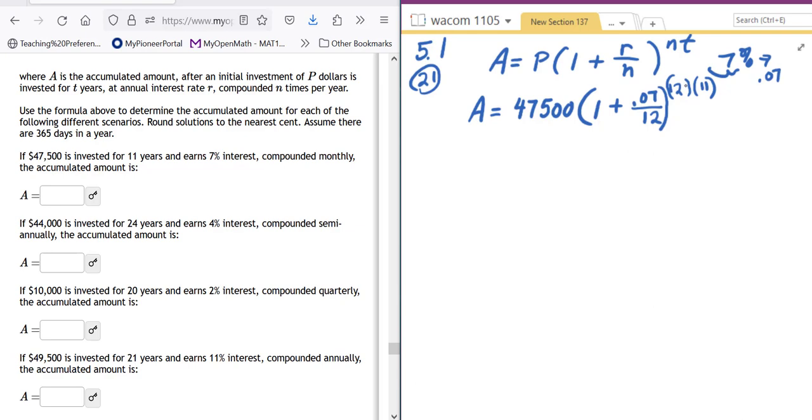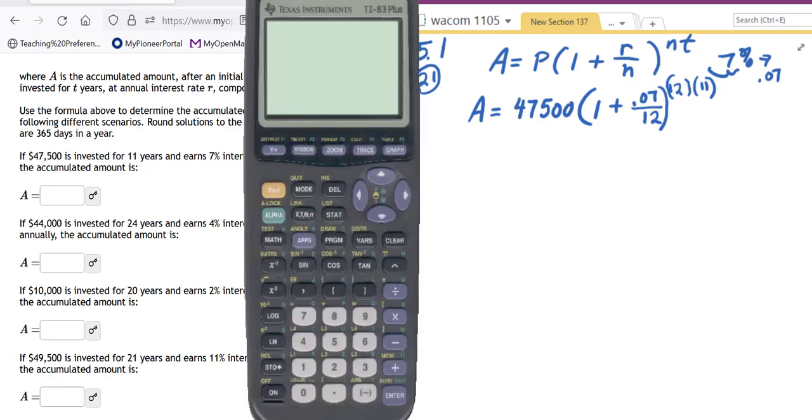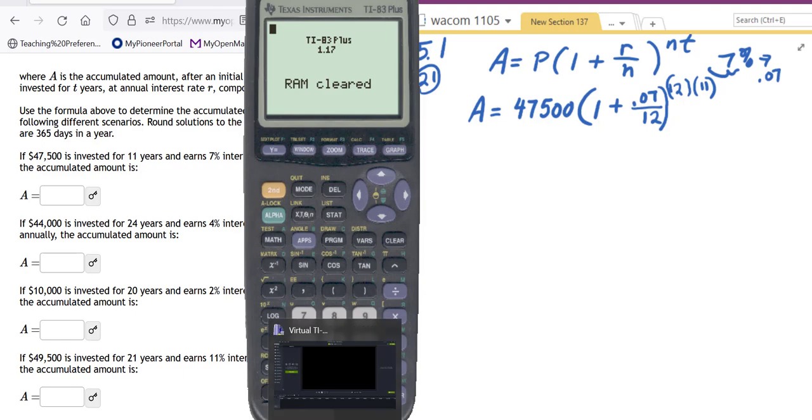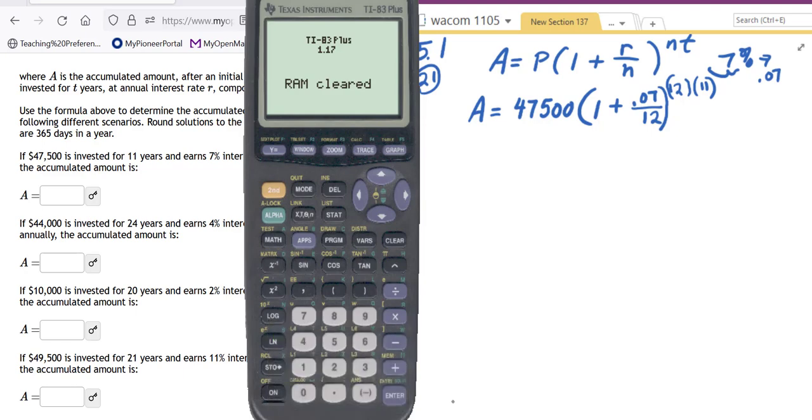All right, now we're going to go to our calculator and we'll turn it on. I am very cautious when I enter things, and I like to have a little bit more control of it than just turning the calculator loose. So I would go ahead and do some things myself.